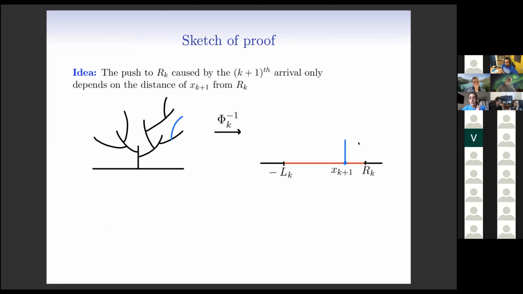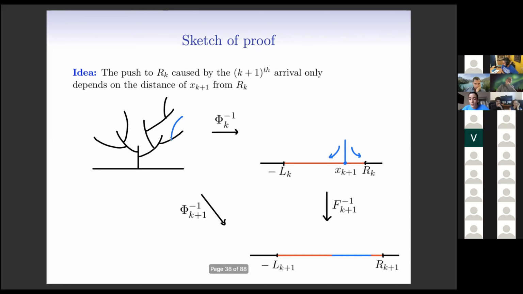And let's focus on the right extremum of the interval, and then the same arguments will be used on the left. So we have our cluster with k particles. It gets mapped out to this red interval, and we choose one attachment point uniformly at random, attach the blue particle there, and then grow back the first k particles, which will give us the blue particle on the actual cluster.